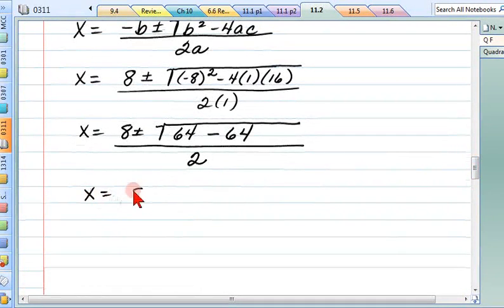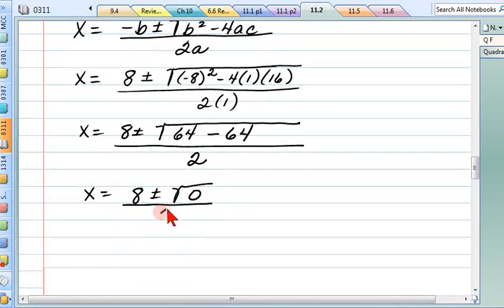So x is equal to 8 plus or minus the square root of 0 over 2. I keep making kind of a big deal about the radicand when you're doing this formula because it already tells you what's going on. Well, 0 is a perfect square. The square root of 0 is 0. So this is x is equal to 8 plus or minus 0 over 2.